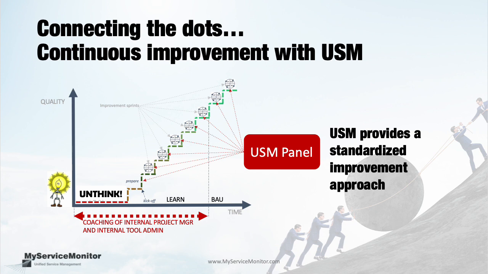And of course, the goal is to establish a universal, unified, and sustainable enterprise management system that becomes a standard routine of the enterprise. Now, USM coaching can assist customers as they broaden the scope of the management system through repeated improvement sprints, achieving a business as usual or standard routine as soon as possible.